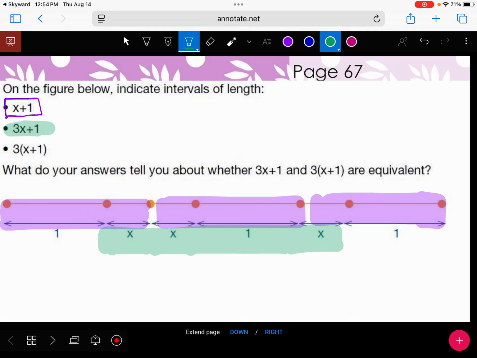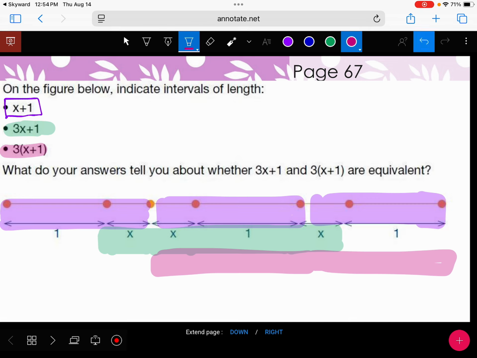How about for this 3 parentheses x plus 1? Middle one and the ones away. Is that the 3x plus 1? It's the whole piece?